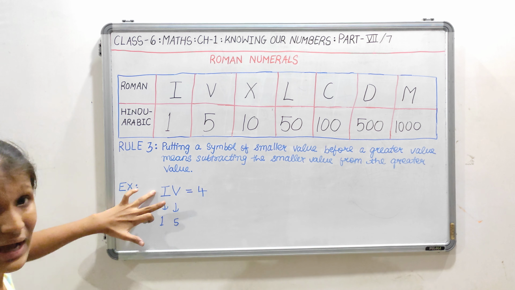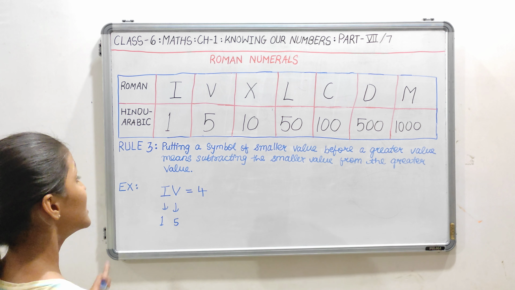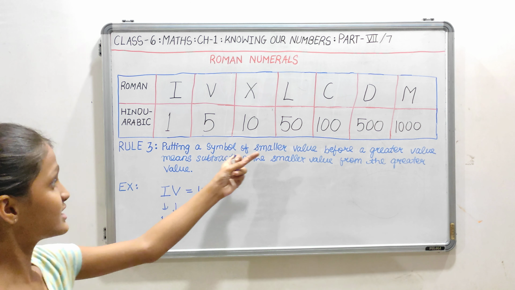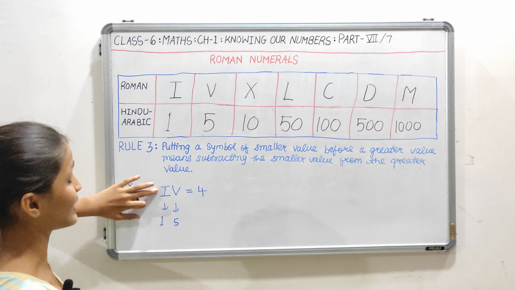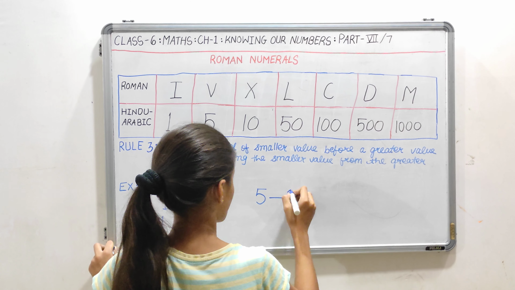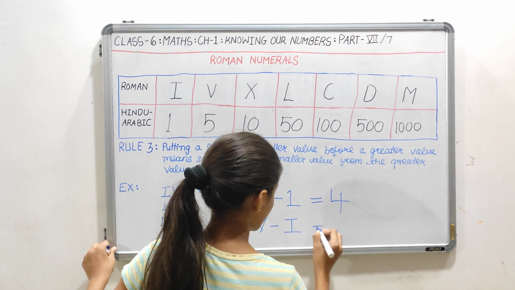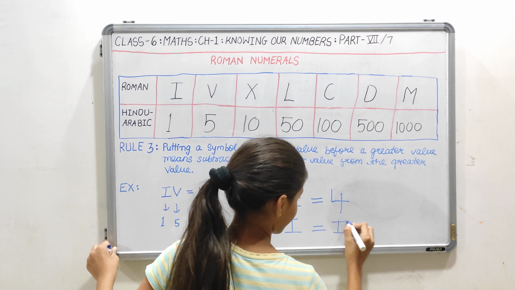Why? Because I is 1 here and V is 5. If a symbol of smaller value, that is I, comes before a greater value, that is V, what do we do? We subtract the smaller value from the greater value. That means 5 minus 1 equals 4. We can say V minus I equals 4.